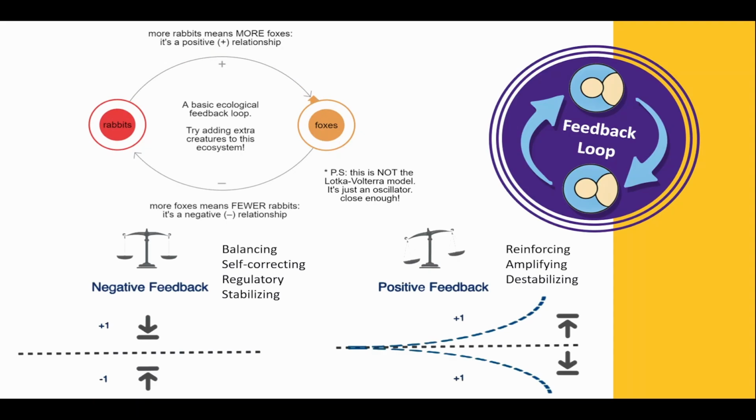And in fact, the negative feedback loop is the one that tries to keep the system in equilibrium, in the point of attraction. But on the other hand, the positive feedback loop results in phase transition in systems, and it is called reinforcing, amplifying, destabilizing. These are the names that we usually use for the positive feedback loop, because it takes the system to a state far away from equilibrium.